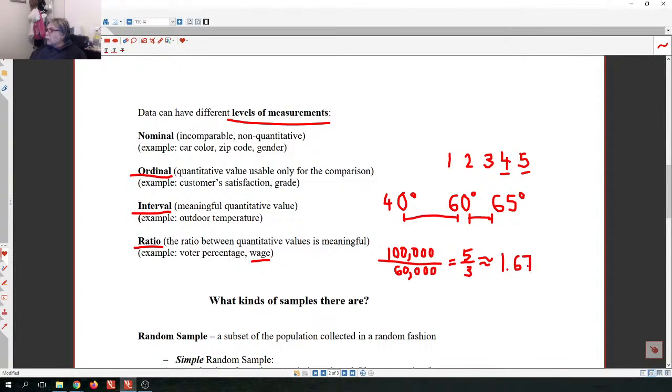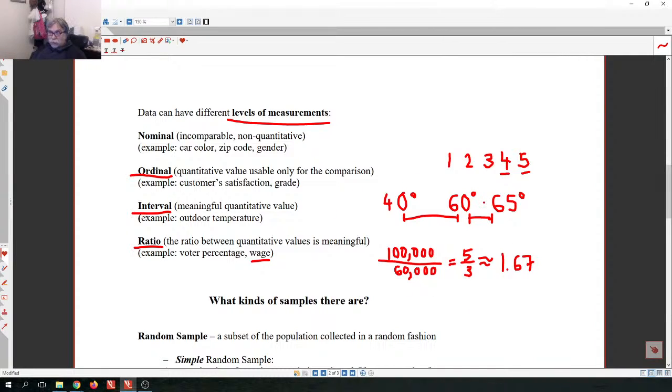And we could say that this person with $100,000 annual income has a 67% higher income than the person with a $60,000 income, which means you can compare these two numbers, and that will give you another meaning of the comparison between these two numbers.